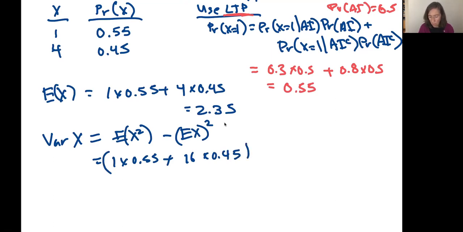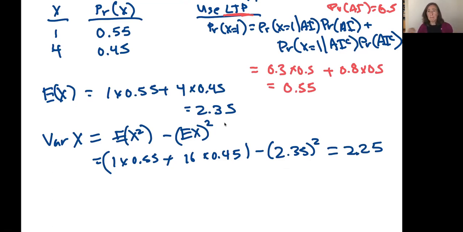That's my expectation of X squared here. And subtracting off from that the expected value I just found, that number squared, what do I get? I get 2.25.